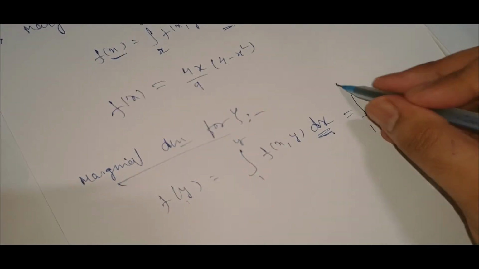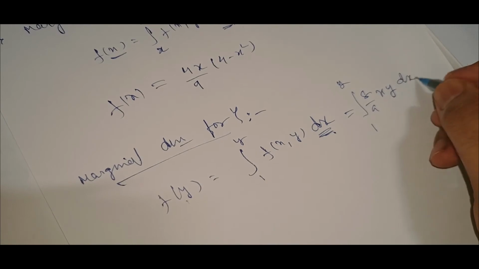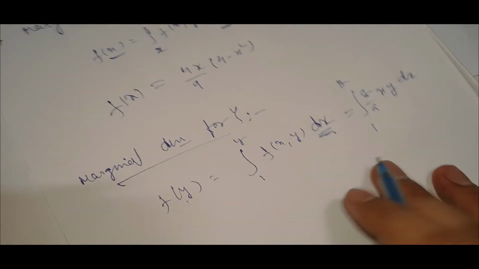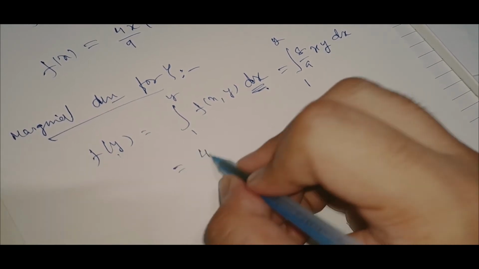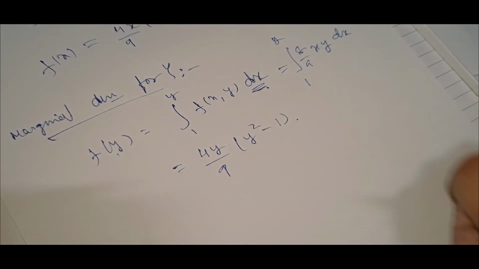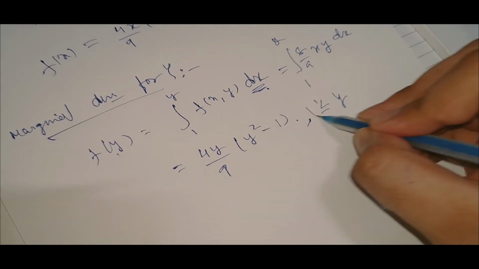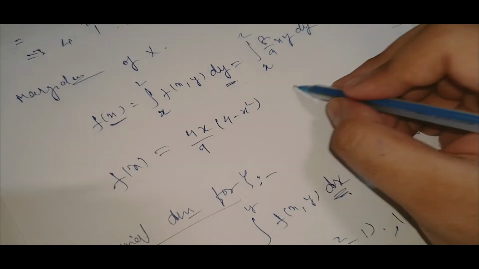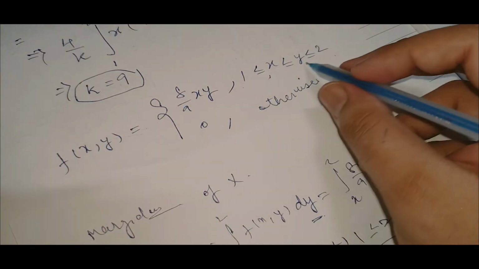After solving this, from 1 to y, 8 by 9 xy dx, we will get 4y by 9 into (y square minus 1). Here don't forget to write y value from 1 to 2 and here x value from 1 to 2, because the overall value of x and y is from 1 to 2.